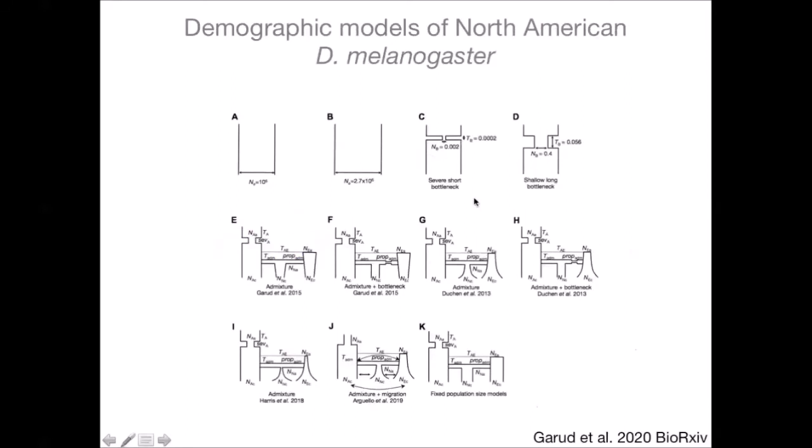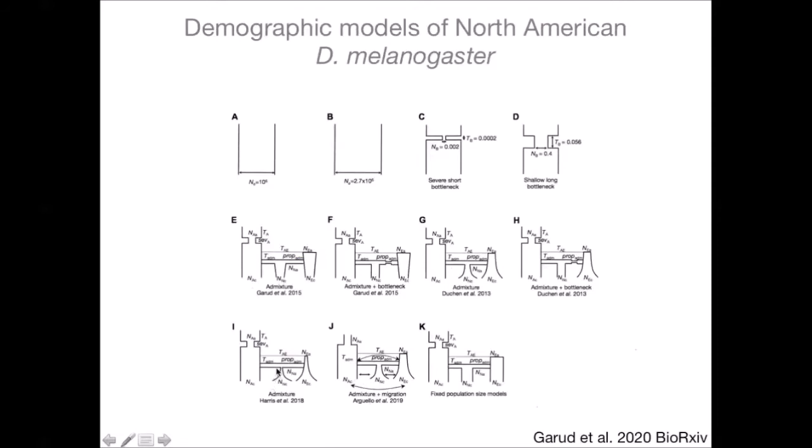Moreover, we tested about 72 total models in which we tested simple models with different strengths of bottlenecks or population sizes, and many variations of admixture models that include different population sizes, admixture levels, migration, expansion rates, and so on.